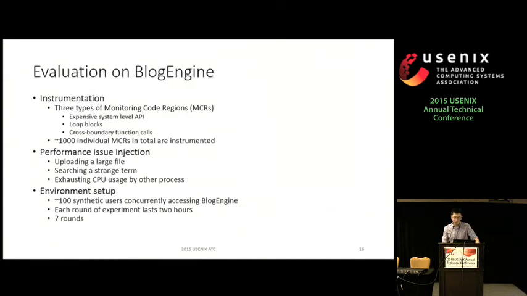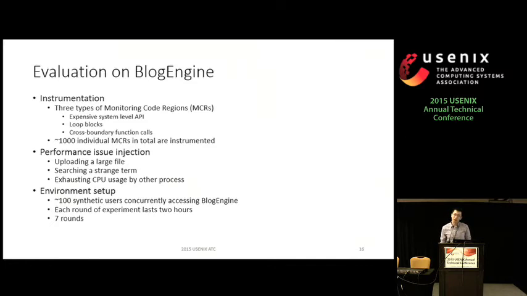This is the evaluation setup of BlogEngine. We first conducted the instrumentation to more than 1,000 individual monitored code regions, according to the guidelines inspired by several previous papers. In order to evaluate the logging effectiveness, we do some performance issue injection.